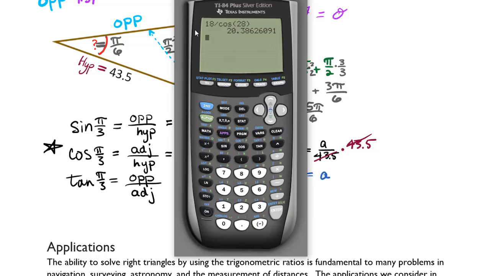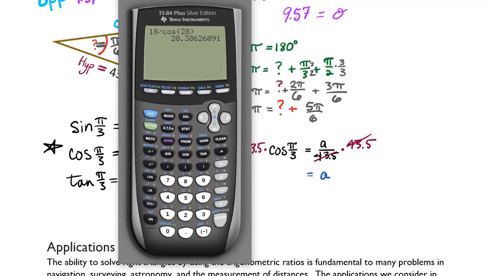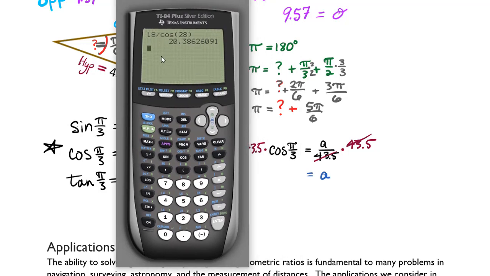So I'll go ahead and convert my settings or my mode to radians. Calculate cosine of pi divided by 3.